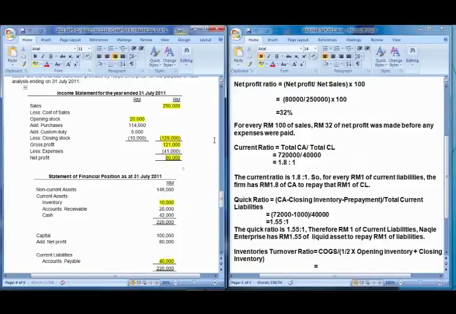So we just substitute these numbers into that formula. Okay, 129,000 divided by 1/2 times 20,000 plus 10,000.